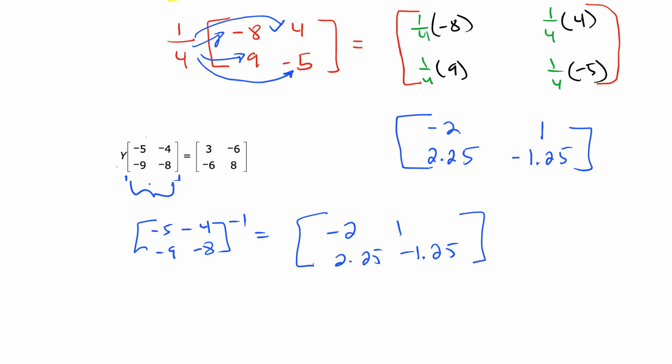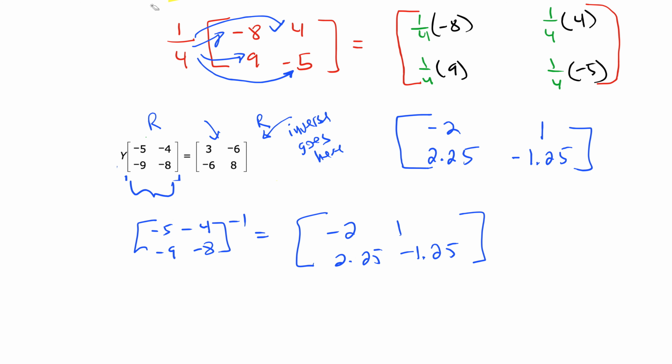Remember that the inverse is going to go right here, on the right, because the y is on the left. So in this original one, it is on the left.